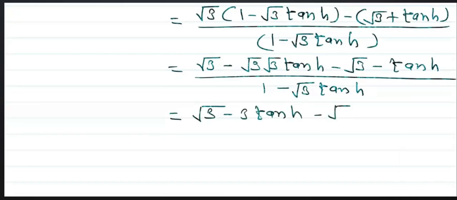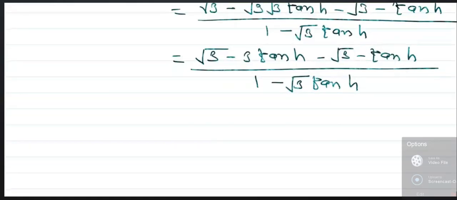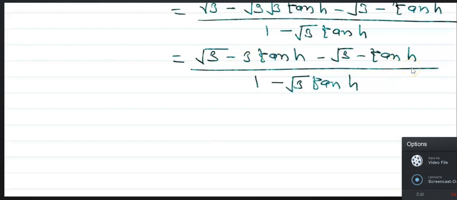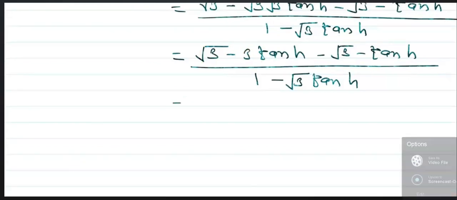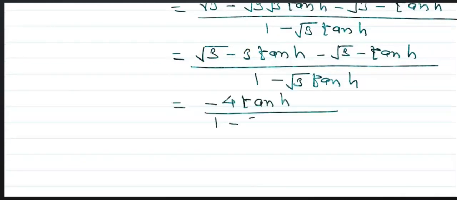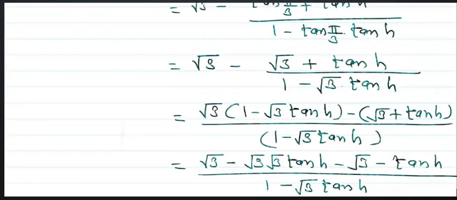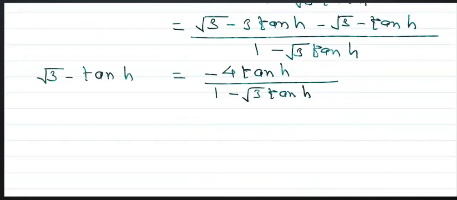Plus root 3 minus root 3 get cancelled. That is minus 3 tan h minus tan h, and plus root 3 minus root 3 also get cancelled. Then you will get minus 4 tan of h upon 1 minus root 3 tan h. This is important. That is, first of all we find the value of root 3 minus tan of x.